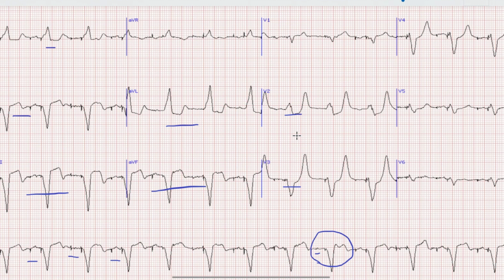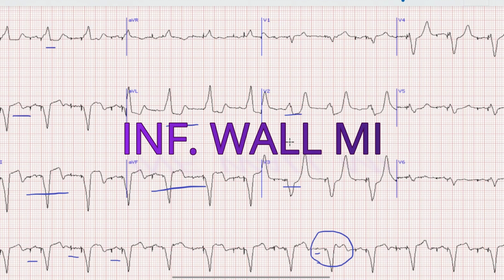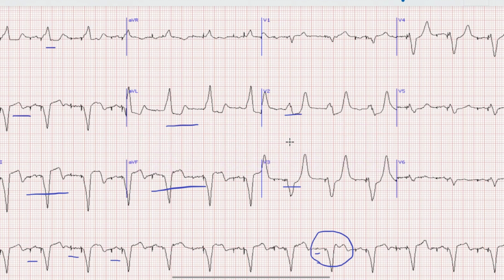So by adding both of these, this gives 5 points on Sgarbossa criteria, which means that this is possible inferior wall MI. So the patient should be moved to the cath lab and he should undergo a coronary angiography and revascularization either by primary PCI or surgical revascularization.